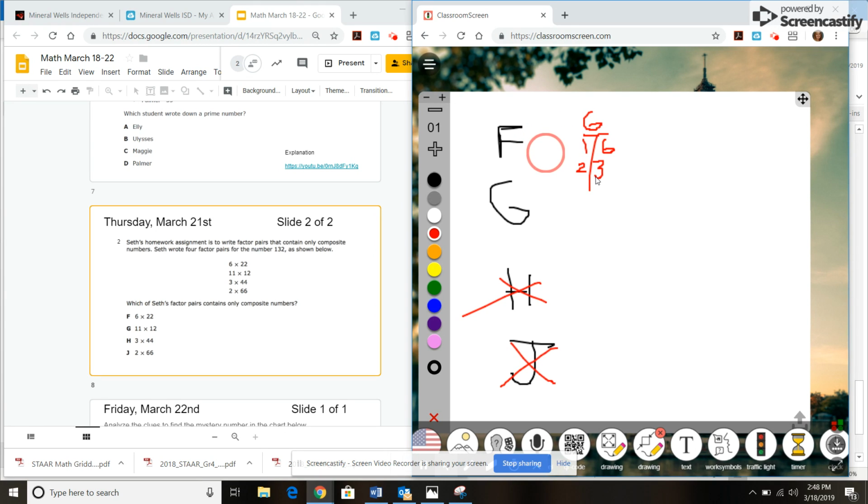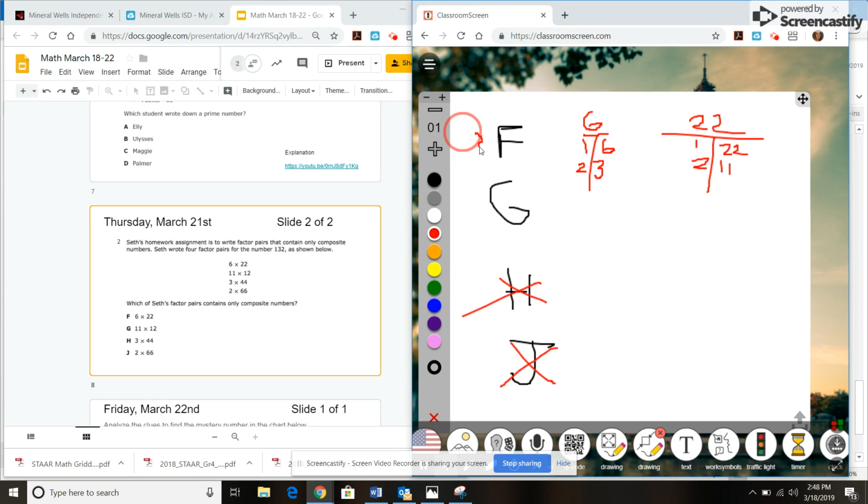So this is a composite number. 22. We have 1 and 22, 2 and 11. So this is a composite number. So F contains only composite numbers.